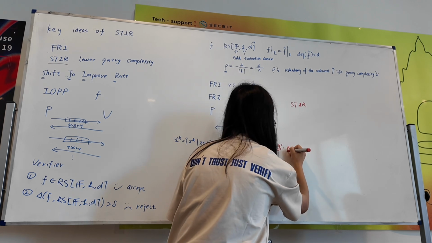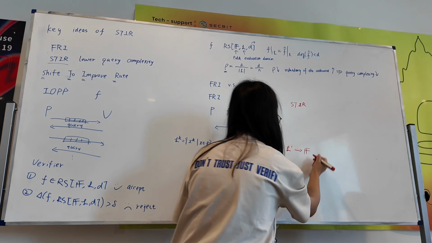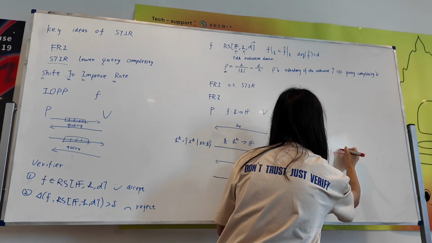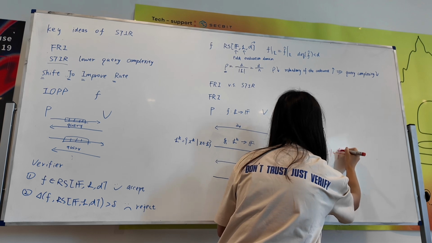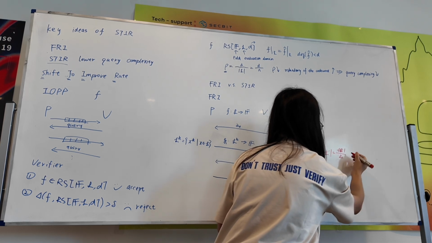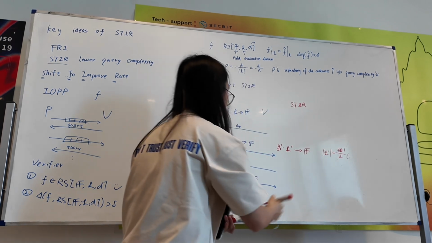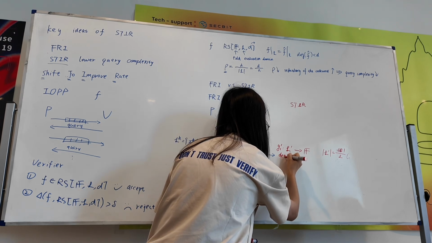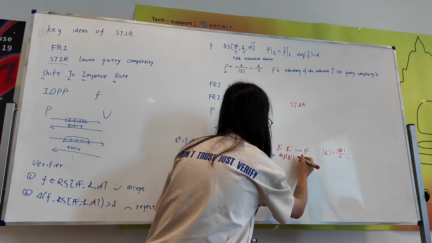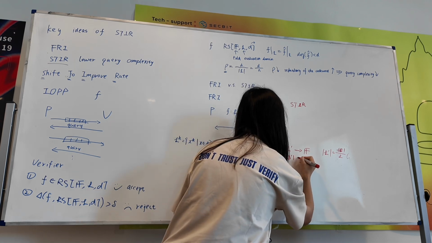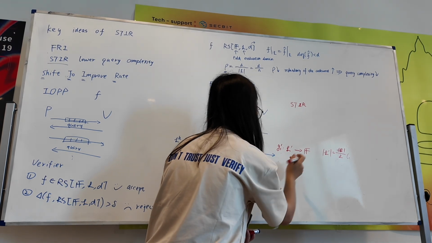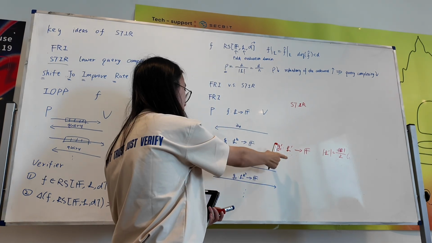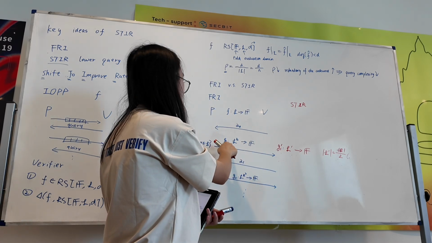So he will compute g prime from f, but this L prime's size is n over 2, and the degree of g prime is also d over k, as the fold function is the same as in FRI.